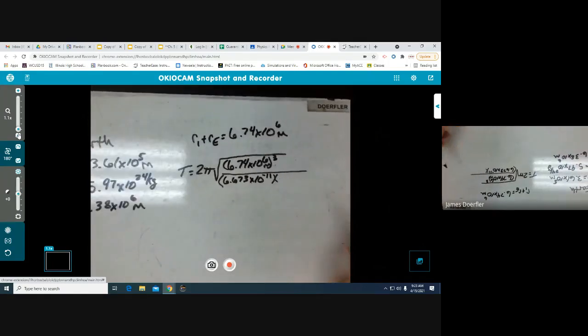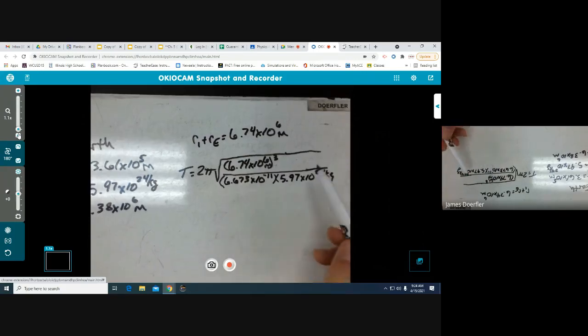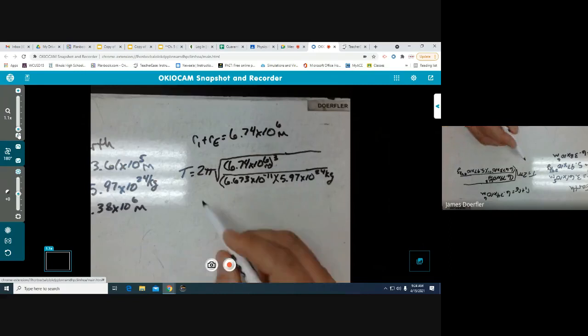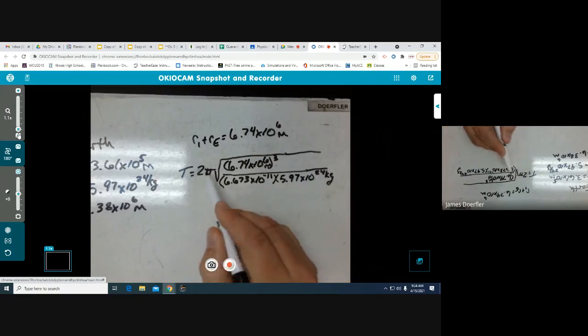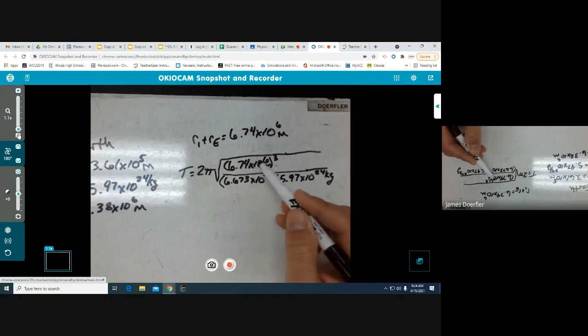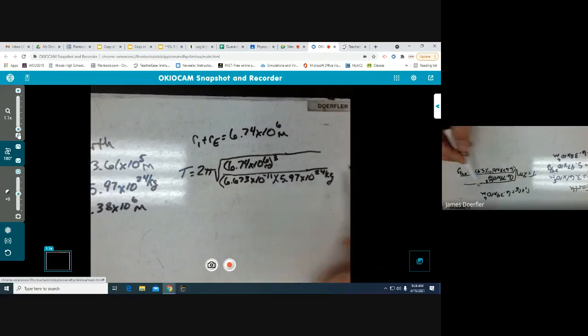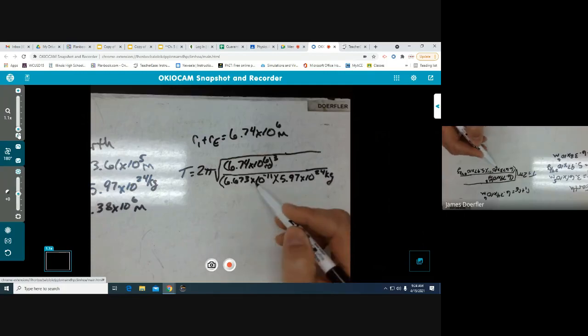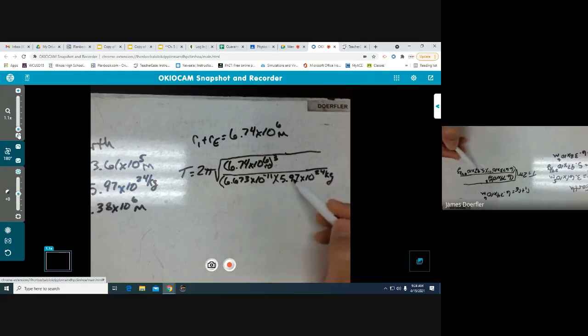And that's multiplied by the mass of Earth, 5.97 times 10 to the 24th kilograms. All right. So we got everything in here. Again, it's 2 pi times the square root of the cube of 6.74 times 10 to the 6 meters divided by the product of 6.673 times 10 to the negative 11th and 5.97 times 10 to the 24th.